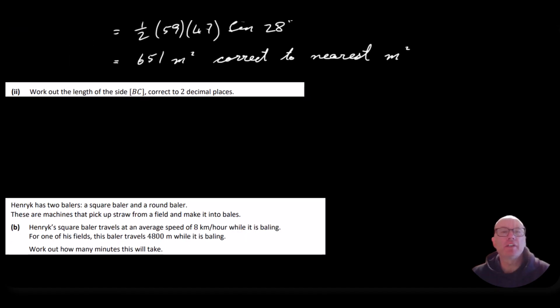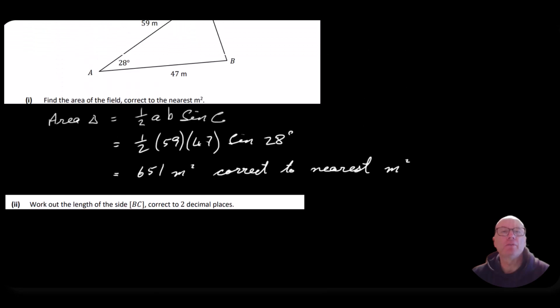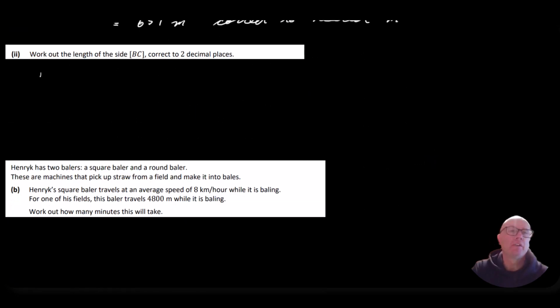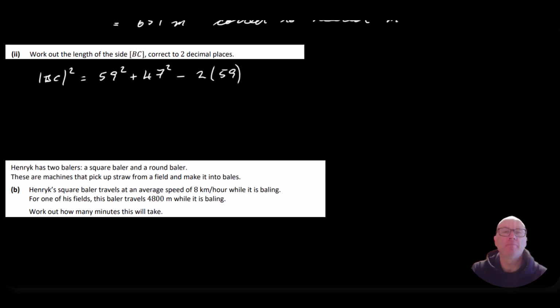Work out the length of the side BC correct to 2 decimal places. So we've got to work out this side here. So again, we have two sides, we have an enclosed angle, so we can use the cosine rule to find the side BC. So it'll give us BC squared is equal to 59 squared plus 47 squared minus twice the two sides multiplied, 59 times 47, times the cos of the angle enclosed, which is 28 degrees.